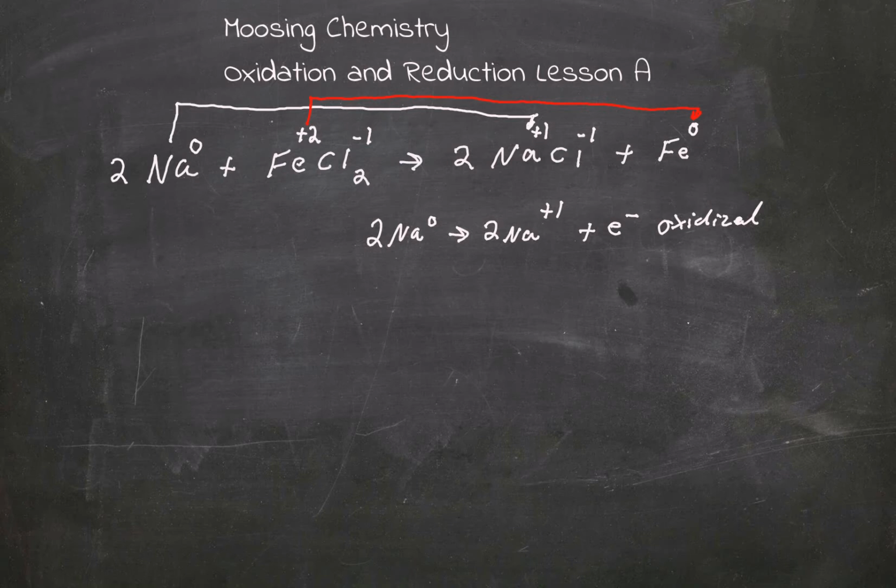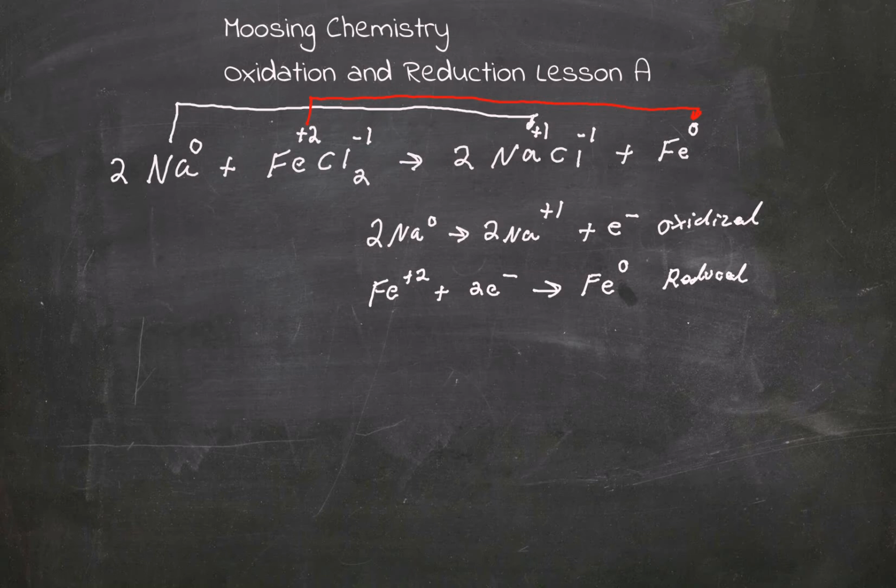So we would write this as Fe +2 plus 2 electrons yields Fe 0. So this part of the equation reduces. Okay, so that reduces. So now, let's look at another equation.